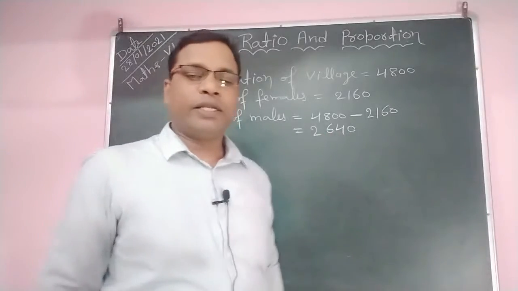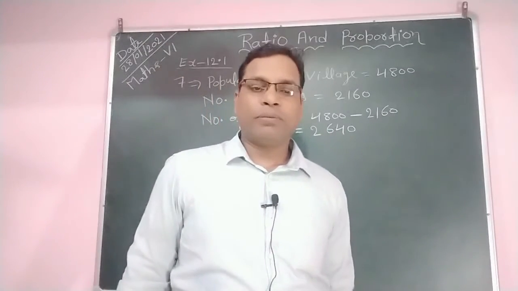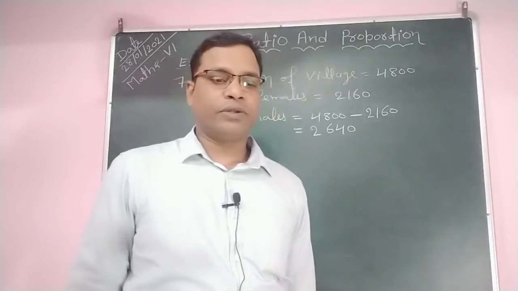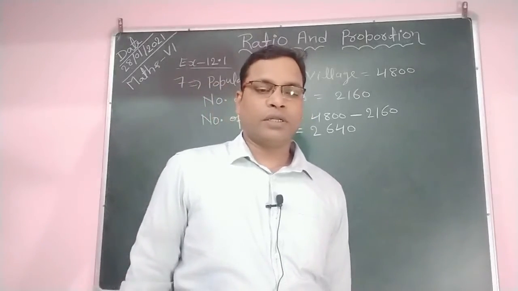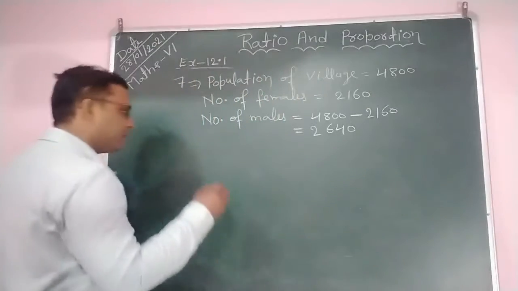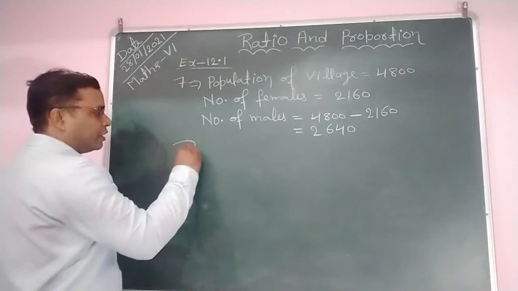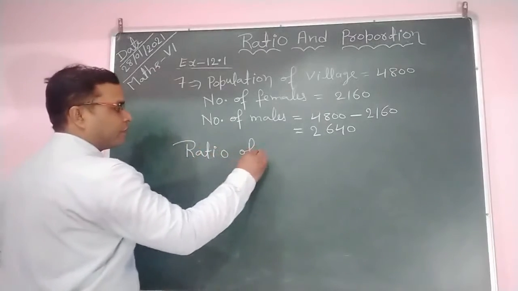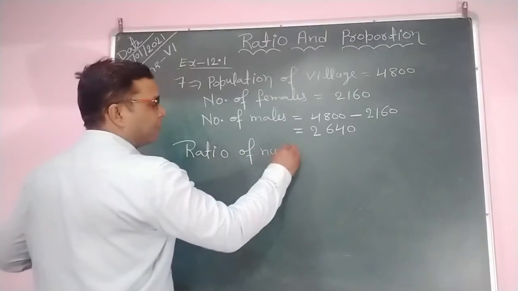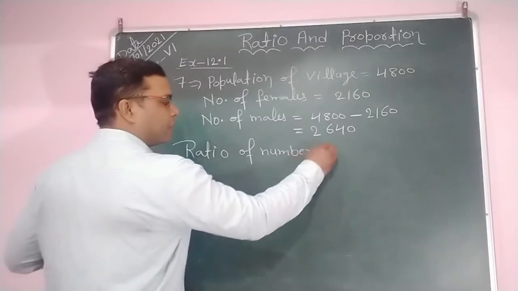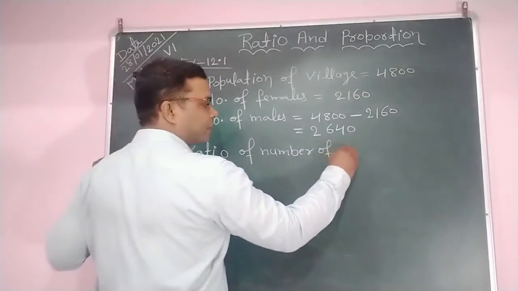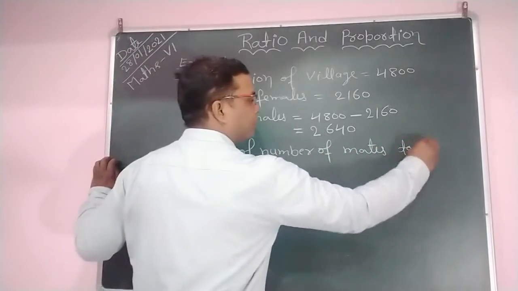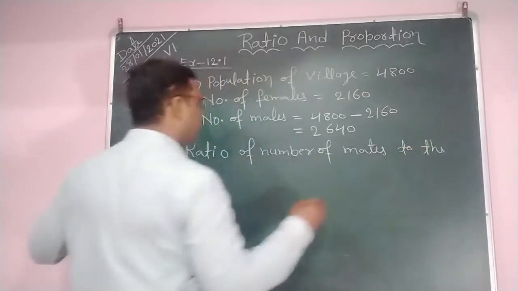Now we need to find the ratio of the number of males to the number of females. So here you write: ratio of number of males to the number of females.